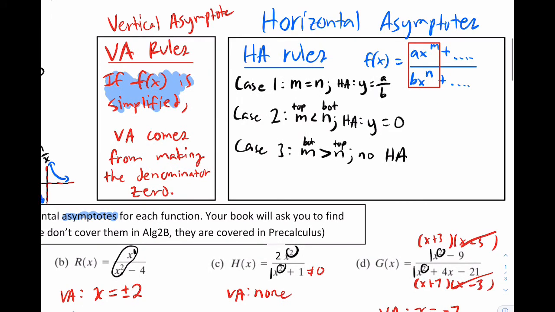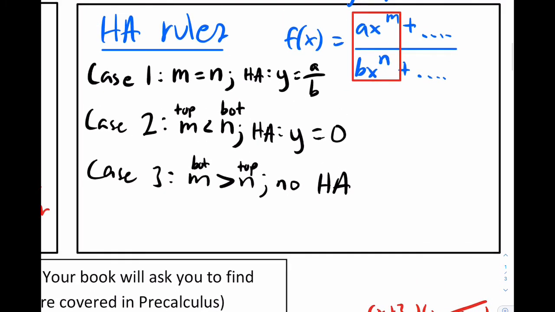Okay, now the reason this happens is because you just think about growth. So for example, let's write y equals a x to the box over b x to the box. If you think about making it really big, let's say this is like both 100. What essentially happens is the rest of the function doesn't matter, and these get canceled out, and you're left with a over b, and that leads you to situation 1, when the exponents are the same.